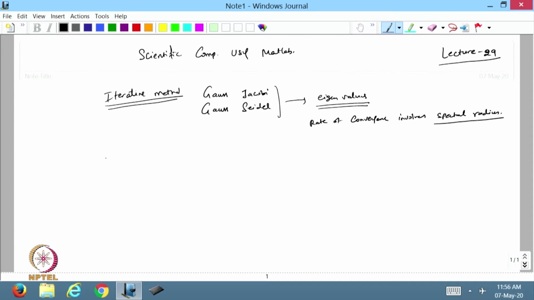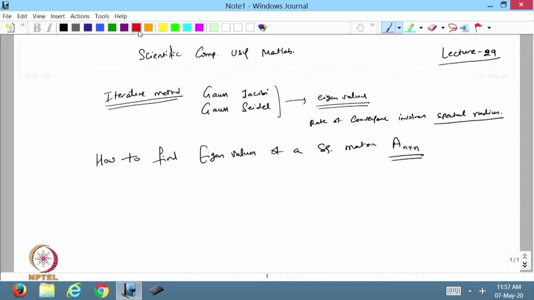So, the next topic is how to find the eigenvalues of a square matrix A that is n cross n.